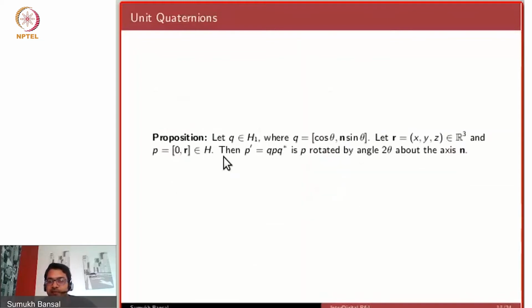Let's say we have a unit quaternion Q, which can be represented by cos theta and sin theta using the previous proposition. Let's assume that R is the vector in R3 which we want to rotate. To rotate the vector R, we need to represent it in the quaternion form.